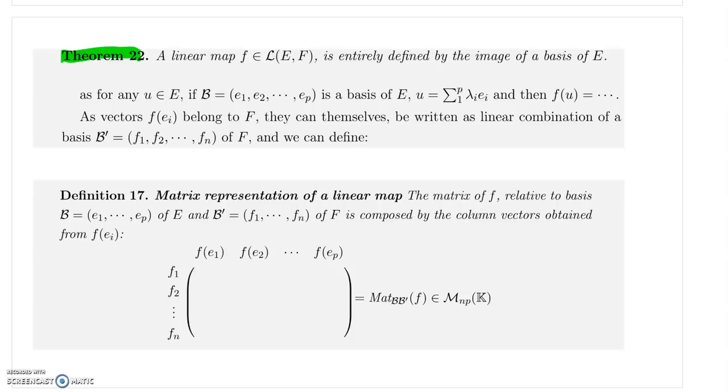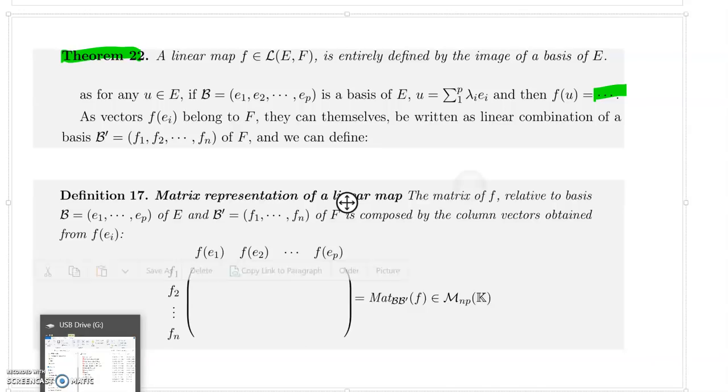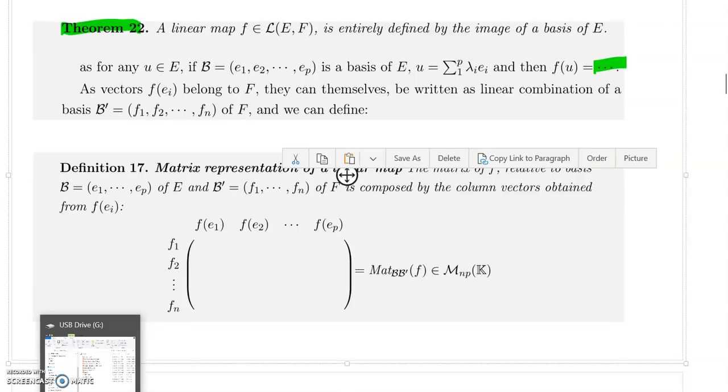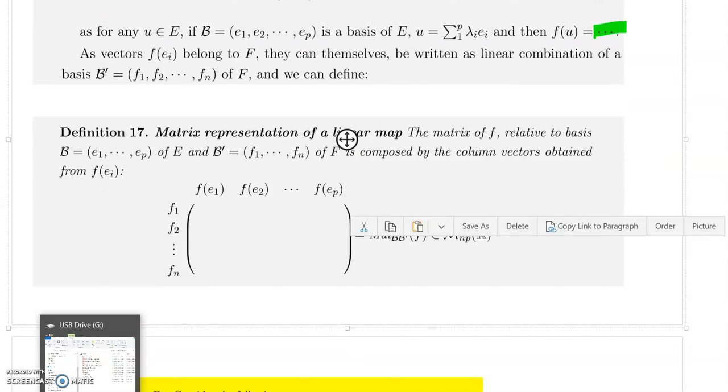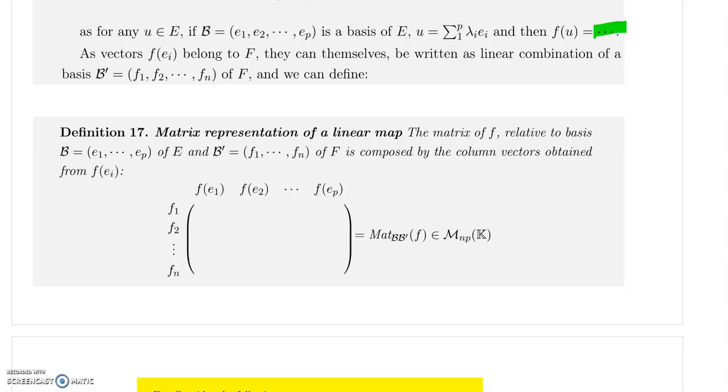All right, so that's what we found just at the previous slide. So what comes next? As vectors F of EI belong to F, they can themselves be written as linear combinations of the basis B prime of F. All right, and so we can define the matrix representation of a linear map.